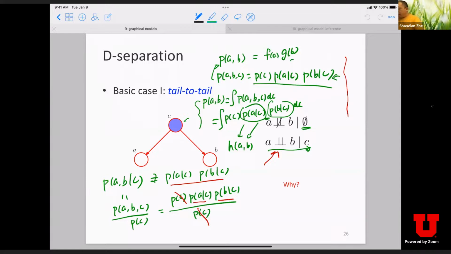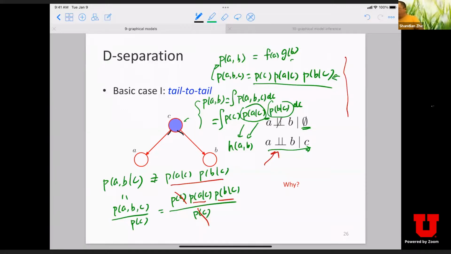So the first case is called tail-to-tail. As the name suggests, if you have three random variables or nodes in your Bayesian network, A, B, and C, with C always in the middle, and the arrows meet in the intermediate node C with both tails, that is called the tail-to-tail case.